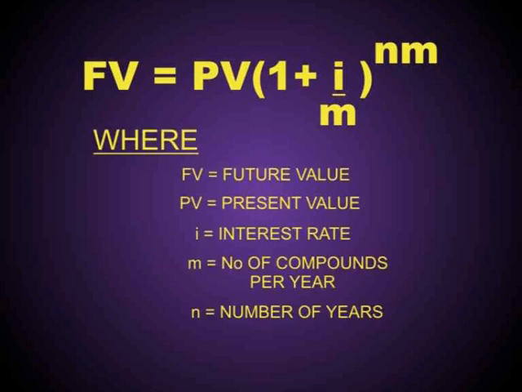FV stands for future value, PV is present value, 1 is still 1, i is our interest rate, which is 10% or 0.1, m is the number of compounds per year. Now remember this, number of compounds per year in this example was 1.